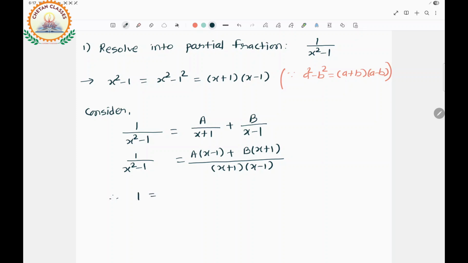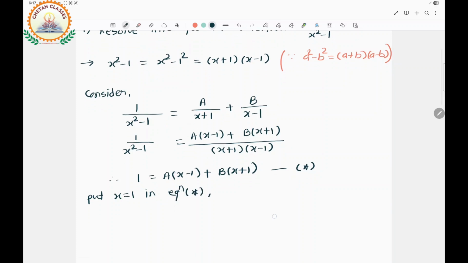So equate the numerator. Therefore, we get 1 is equal to a into x minus 1 plus b into x plus 1. Consider this equation as star. Here we are getting distinct factors. So put x is equal to 1 in equation star.